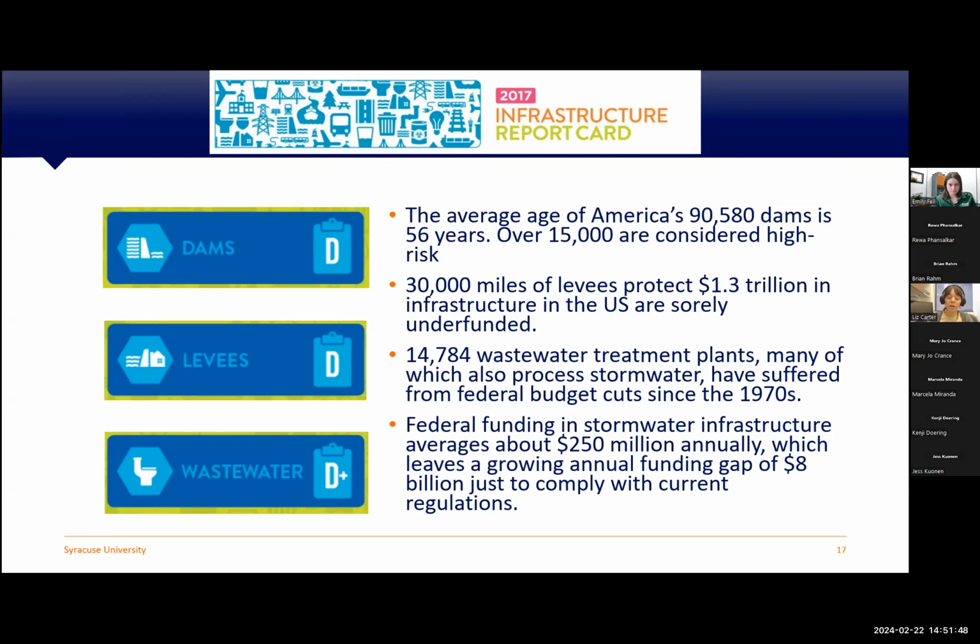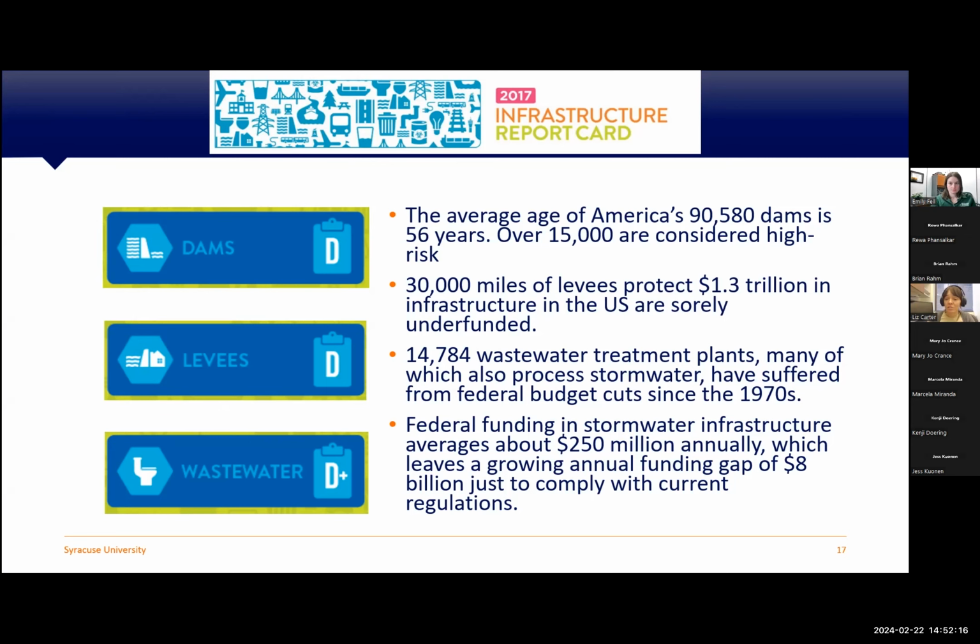So if we have a certain dollar value worth of assets and we know how much it costs to maintain those assets, the funding gap is the difference between money available to maintain our infrastructure versus how much it would actually take to maintain our federal infrastructure. So in the United States, we have over 90,000 dams, 15,000 of which are considered high risk.